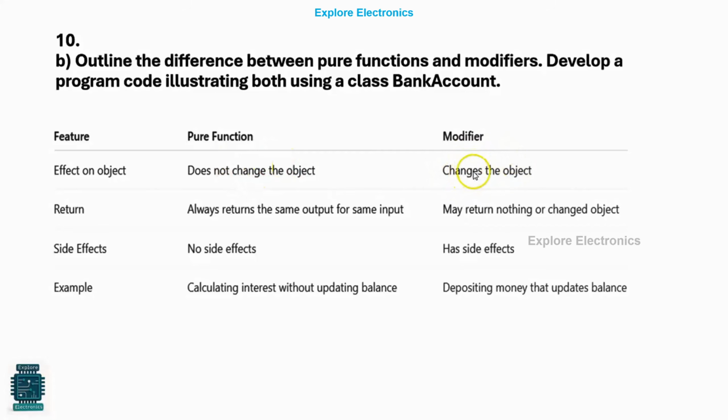Here modifier means the object is changed. A pure function always returns the same output for the same input. Based on the given input, it will return the same output.